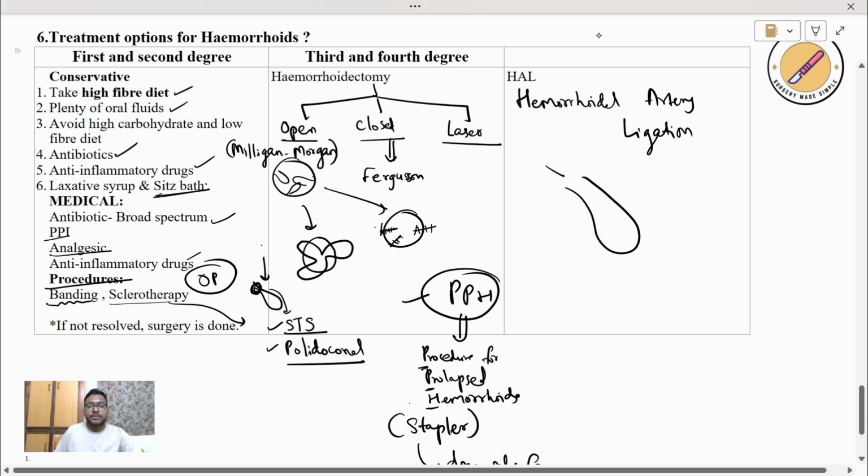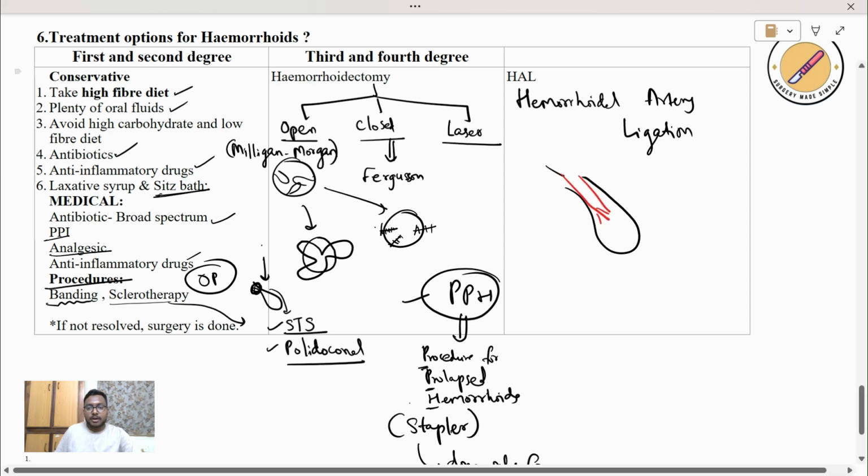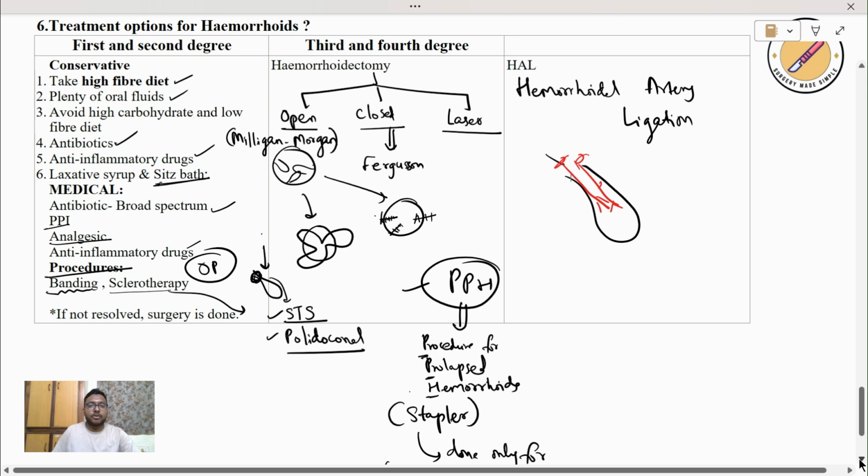Using an ultrasound Doppler, you will go there and ligate the blood vessel or artery which is supplying the hemorrhoid. So that is called hemorrhoidal artery ligation. So these are the basic treatment options for hemorrhoids.